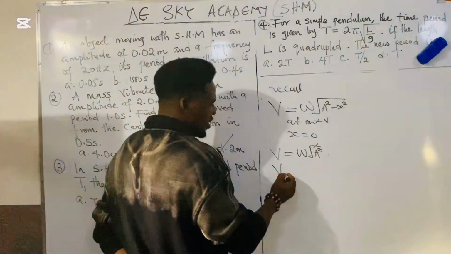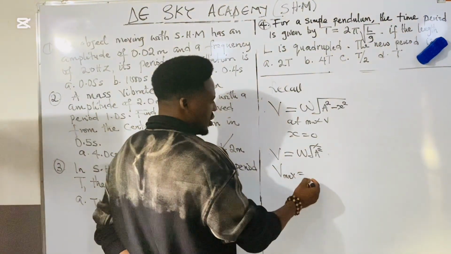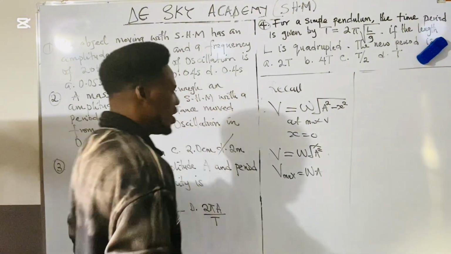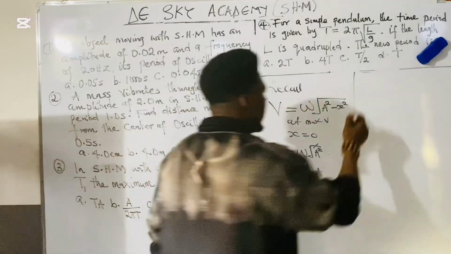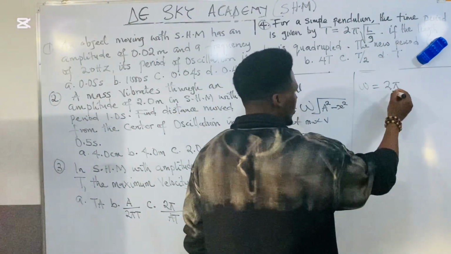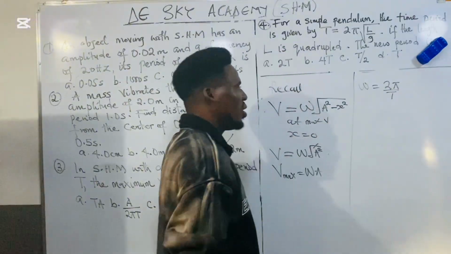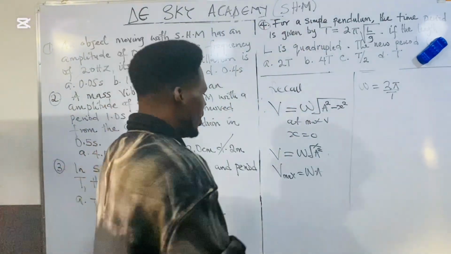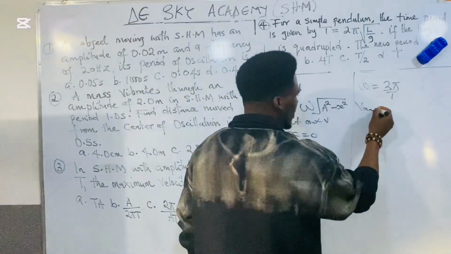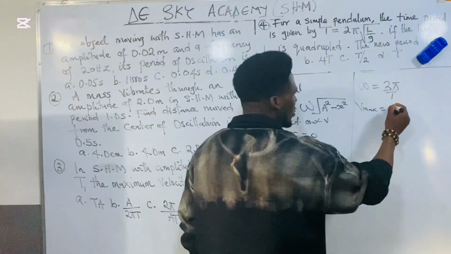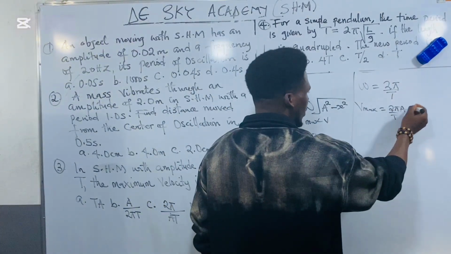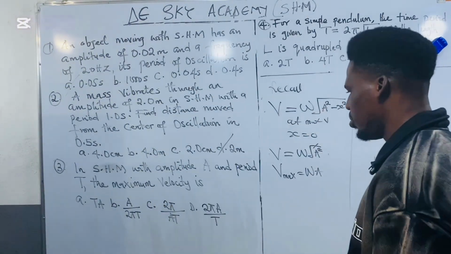You have that maximum velocity is equal to omega A. Now recall that omega is 2 pi over t or 2 pi f. Any place I see omega, I'll put it as 2 pi over t. That means maximum velocity will now be equal to 2 pi over t times A.